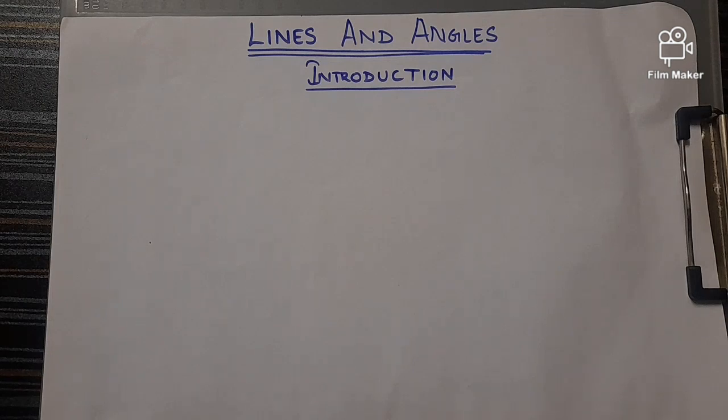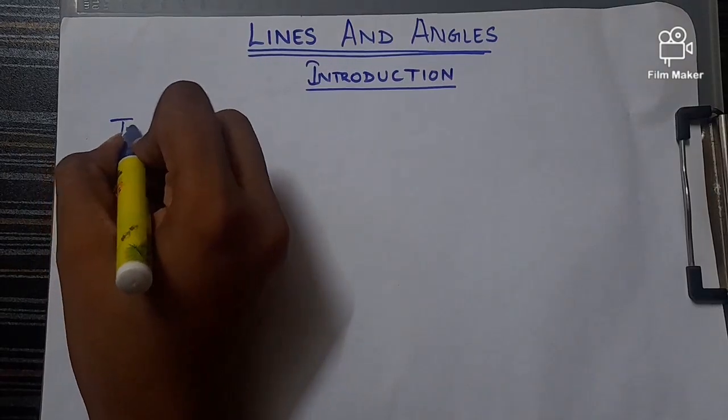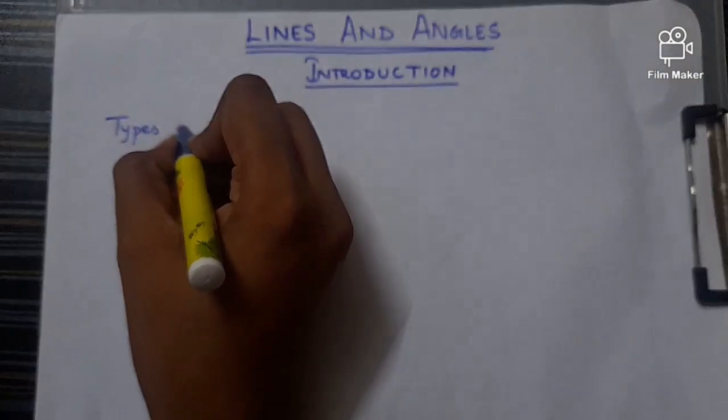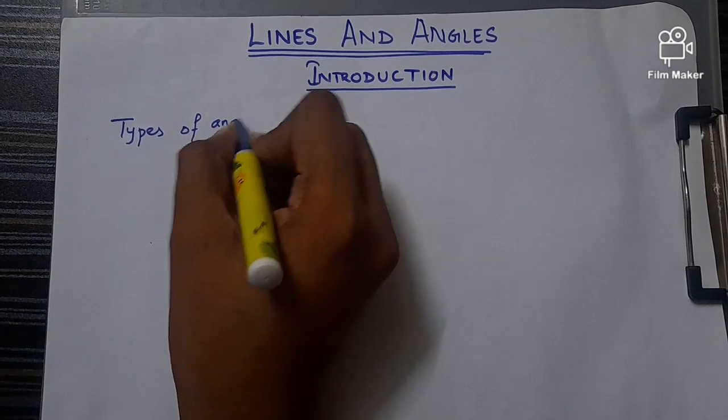So first, what are the basic terms? First, we are going to see the types of angles present in this chapter.